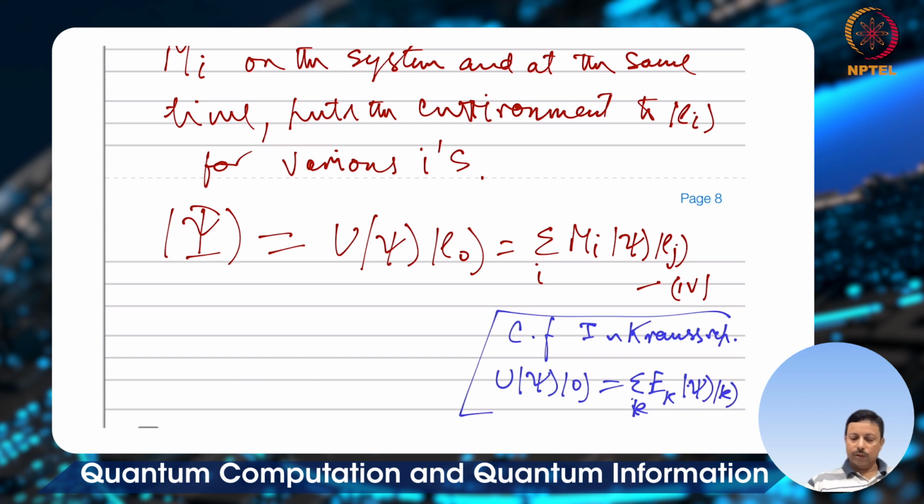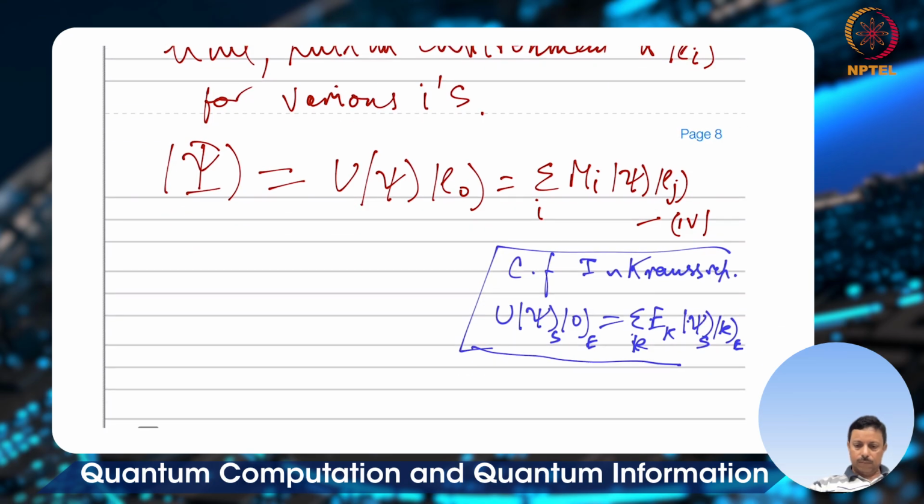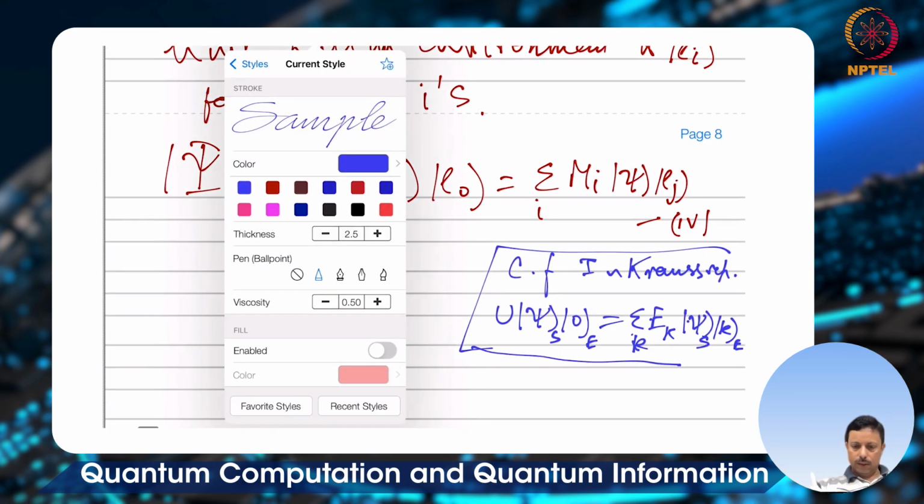These are on the environmental Hilbert space, and this is on the system Hilbert space. This is effectively similar, except that here the E_k's are replaced by the M_i's, and the k's are replaced by E_i, but it is the same, equivalent picture. Just bear with me for one more minute.